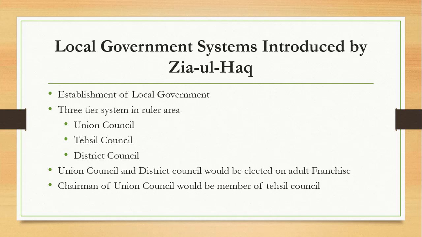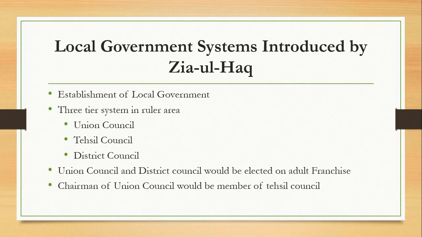It was a three-tier system in rural areas: Union Council, Tahsil Council, and District Council. Union Council was the lowest tier and the District Council was the highest tier.